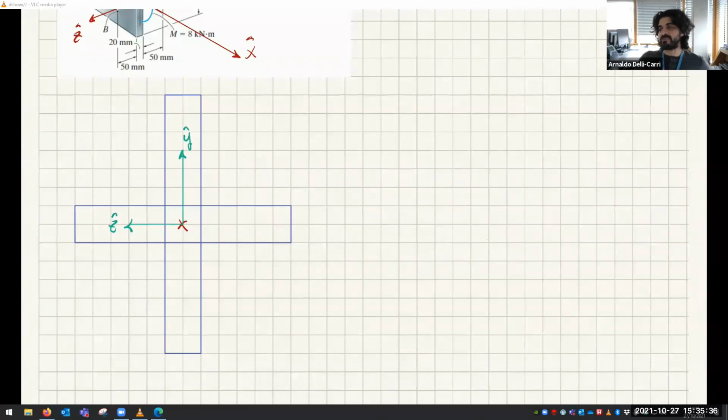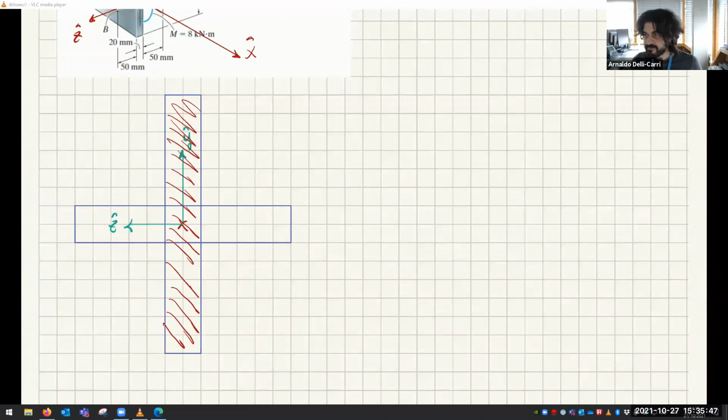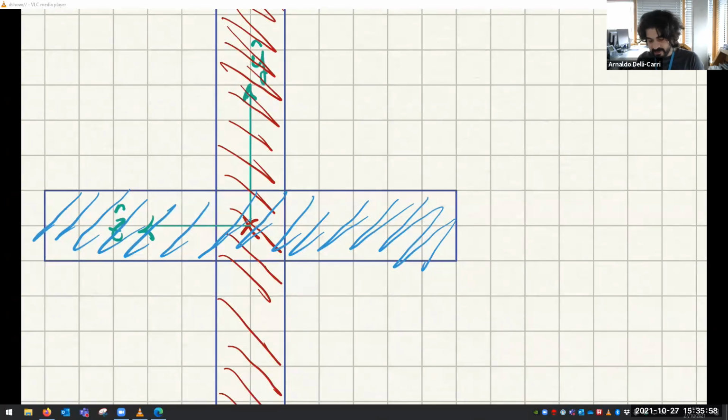So one way I would do it is, this is rectangle 1, and then I can add rectangle 2, but I have an issue: I am counting this square twice. So what I will do is rectangle 1 plus rectangle 2 minus the square.